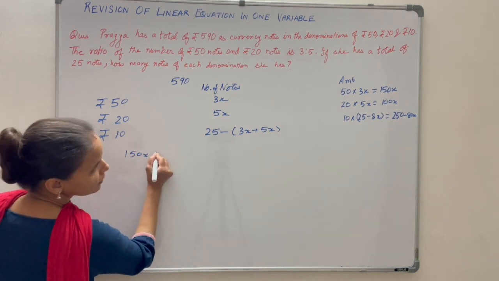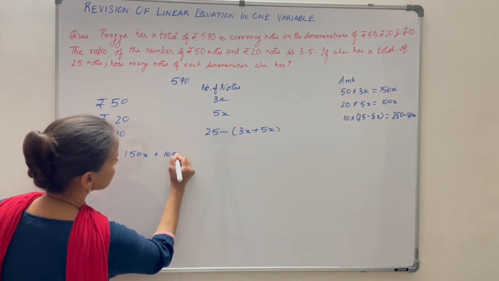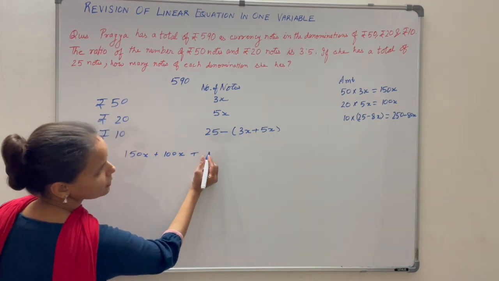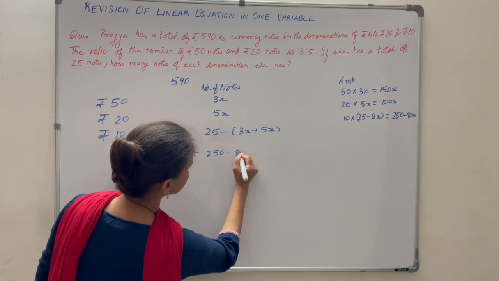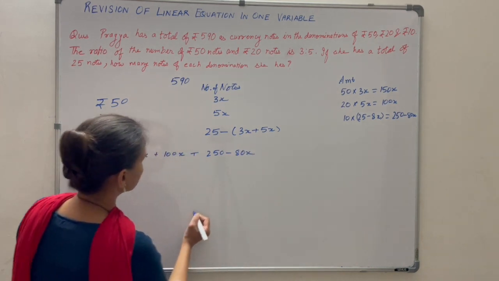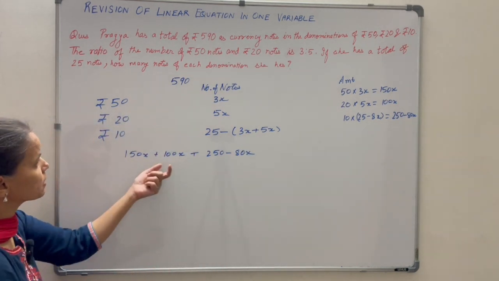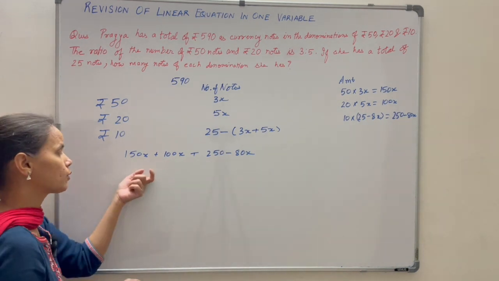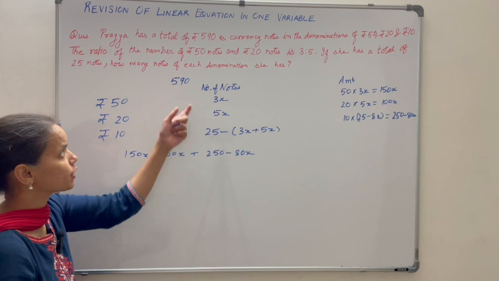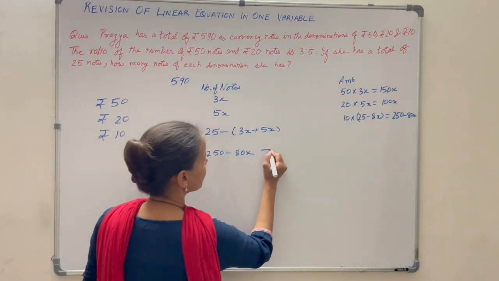150x plus 100x plus 250 minus 80x. This is the amount of 50 rupees, this is the amount of 20 rupees, this is the amount of 10 rupees. If you add up all this amount, it should add up to 590.